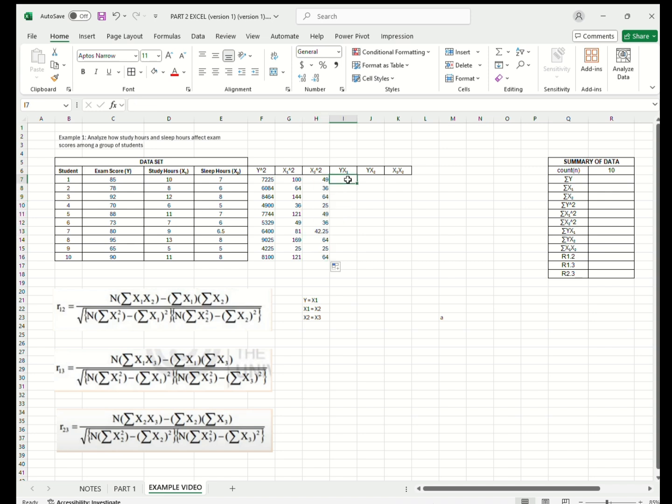And now we need to get the multiplication of the dependent variable exam scores multiplied by study hours.